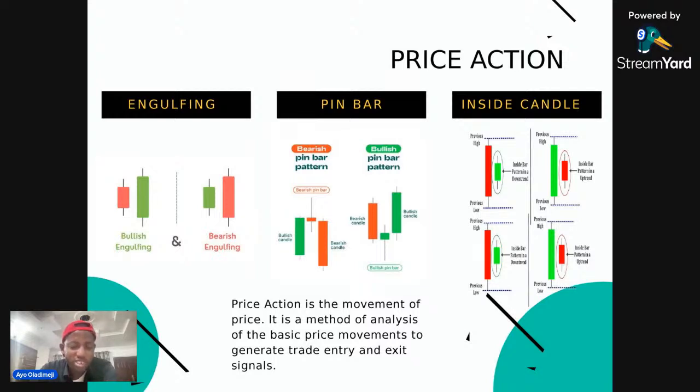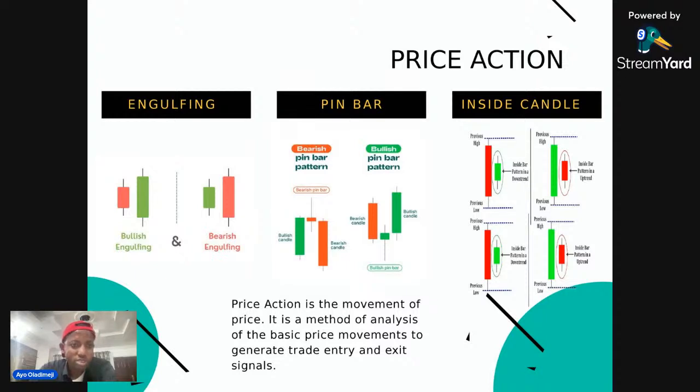Now, what makes it engulfing is the fact that the high and the low of the bullish engulfing engulf the entire bearish candle, or in other words, the body of the bullish candle, the buy candle, engulfs the sell or bearish candle. That's what you call bullish engulfing.